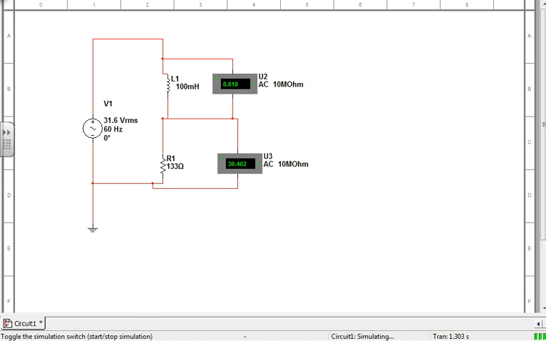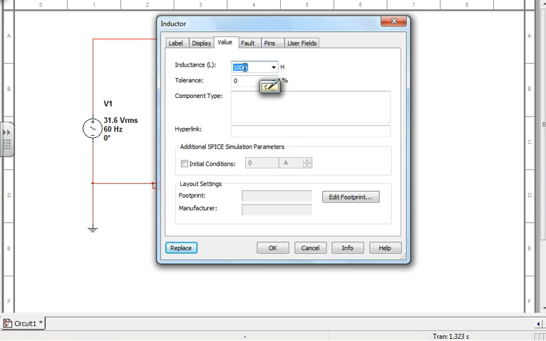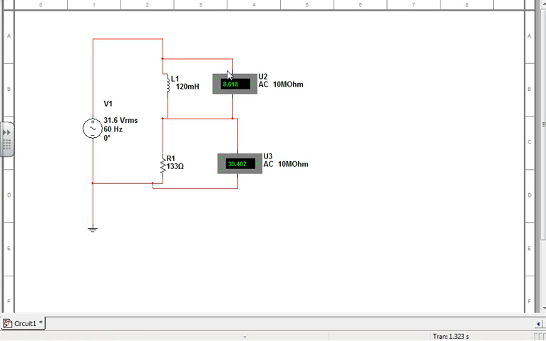I don't want a whole lot more. 120? I don't think I can just type in 120, can I? All right, we'll put in 120. Oh, too much.